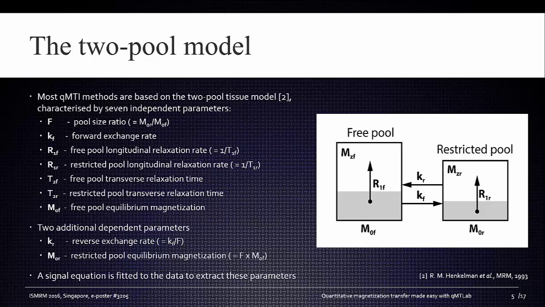You have the exchange rate, either forward or reverse, and also the longitudinal and transverse relaxation times or rates for both pools, and the size of the pools also. The idea is that a signal equation can be developed and fitted to the data to extract these parameters.